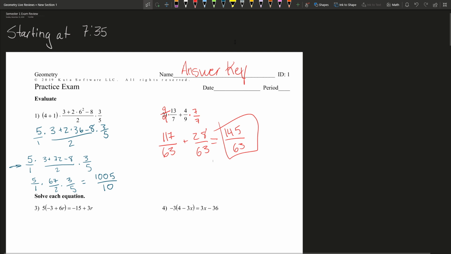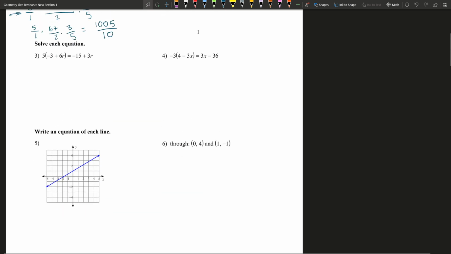All right. Moving on to number 3 and 4. Solving equations with variables on both sides. The first thing you should always do is just simplify each side. So this 5 will distribute. So we get negative 15 plus 30r.